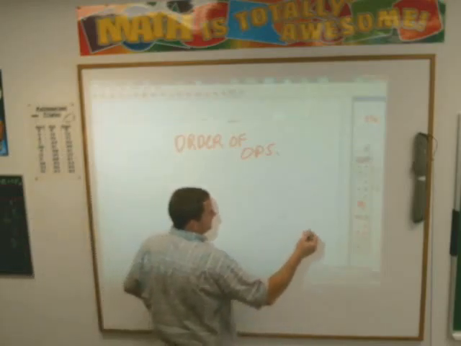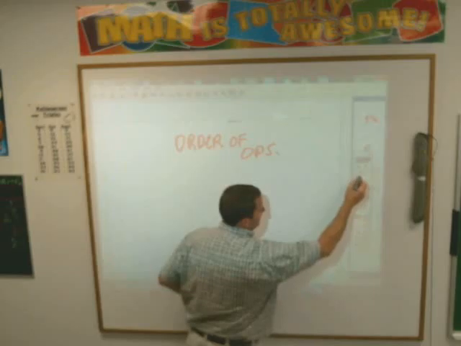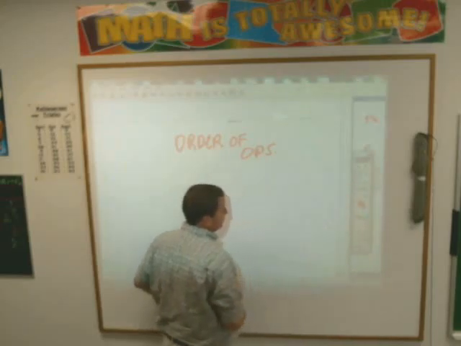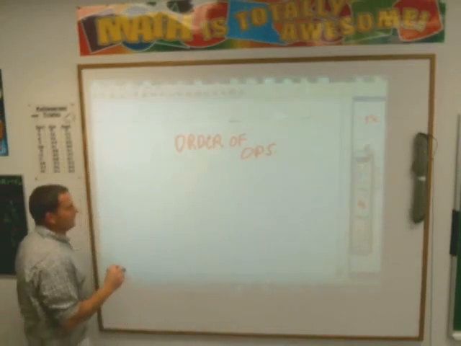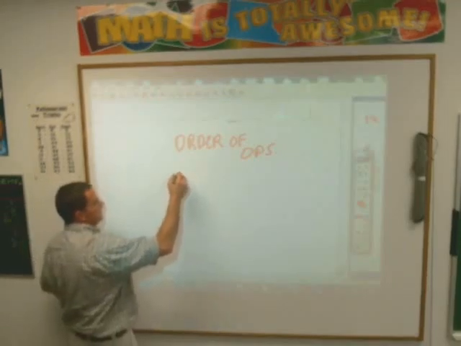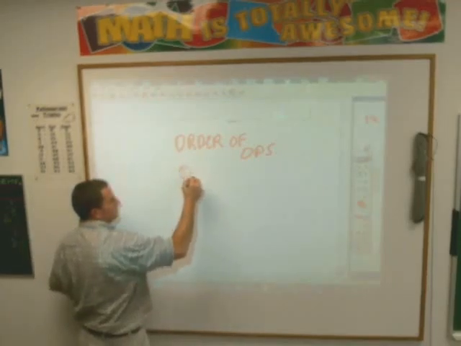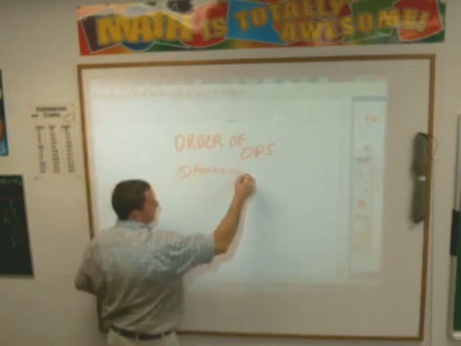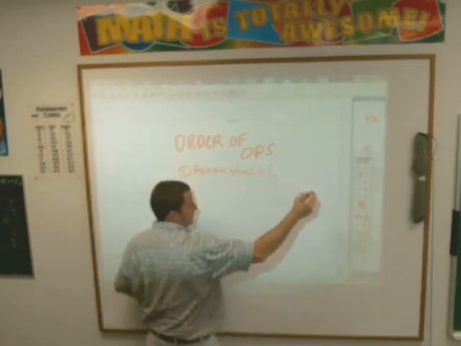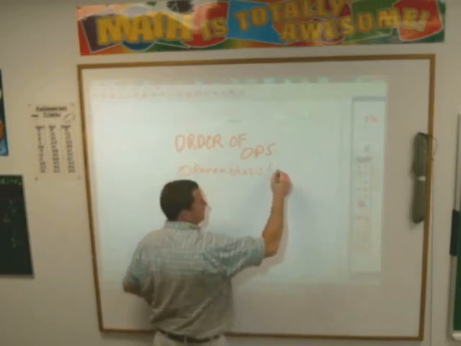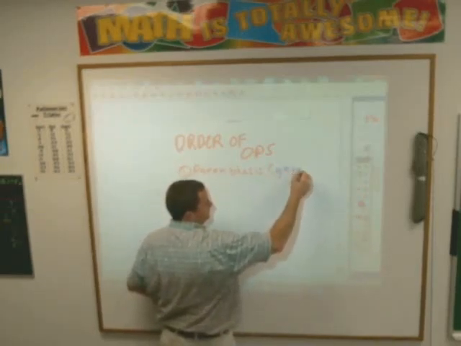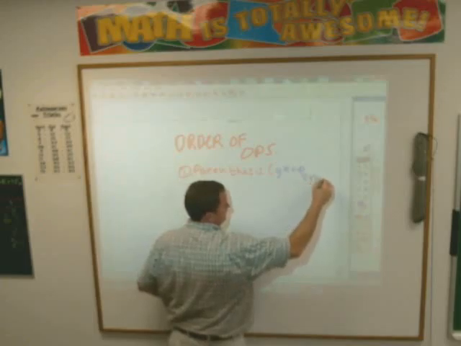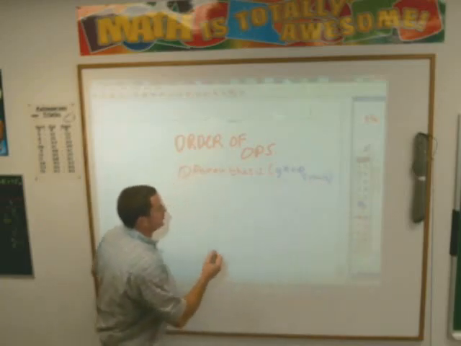Order of operations: when you do math things that have more than one operation, you must do them in a certain order. Let me give them to you. The first thing is you need to do parentheses, which also is called grouping symbols.